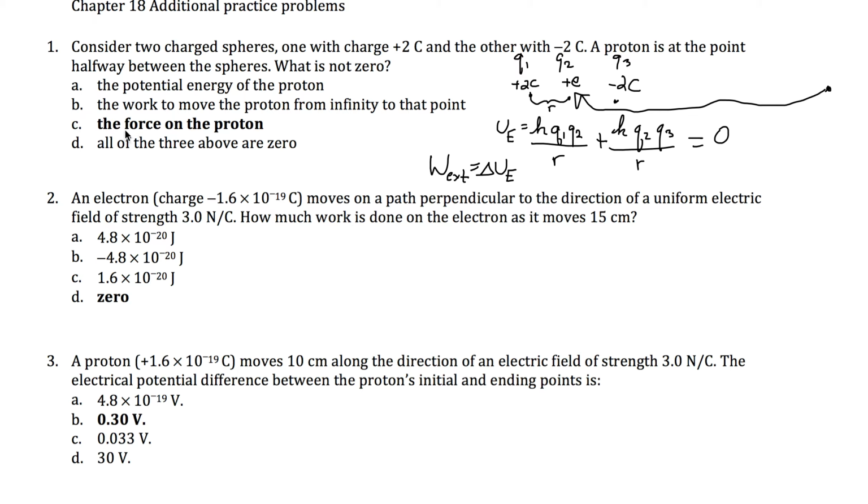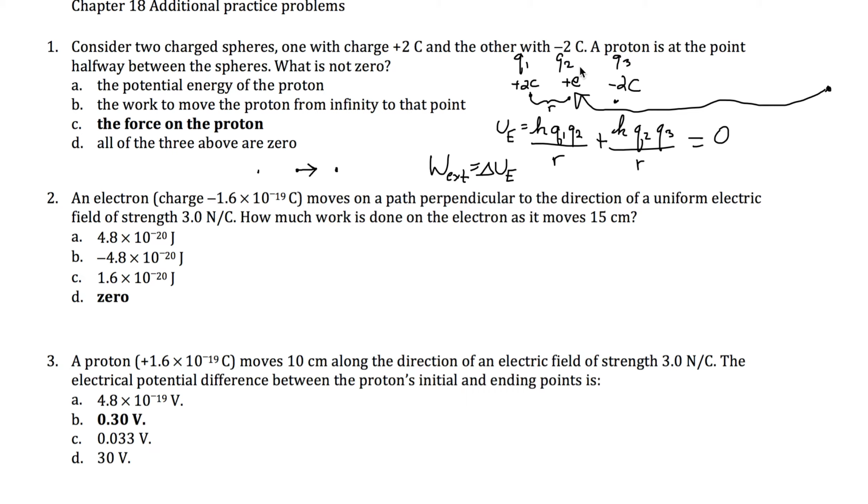And the force on the proton, that one is not going to be 0. The way you would figure that out, if I draw my 3 charges again, this charge here is feeling a force due to this one. Those two are like charges, so it's feeling a repelling force.